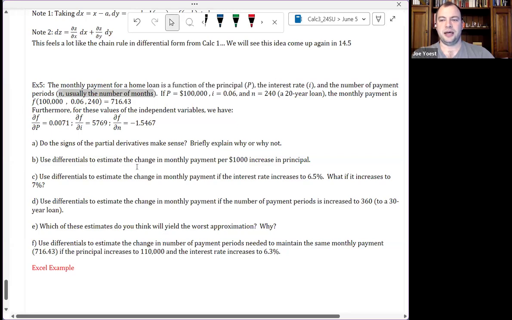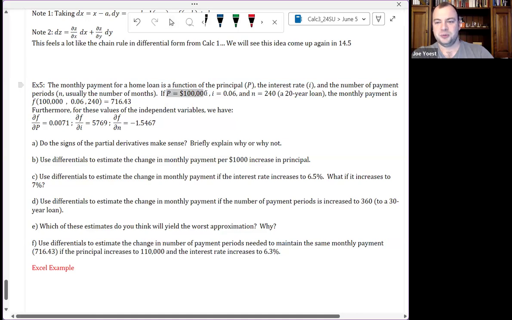We'll call it n, and that's usually the number of months. So we're going to think of the interest rate as being an annual interest rate and payments being per month. So the monthly interest rate is i over 12. That doesn't really affect what we're going to do here, but just a side note on that if you're trying to work out some of these numbers on your own.